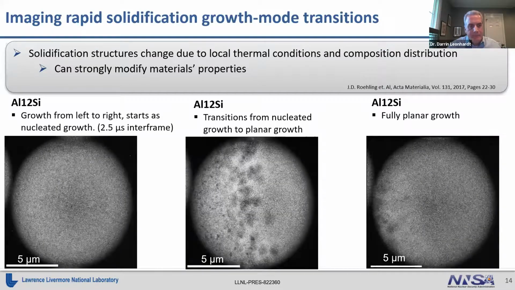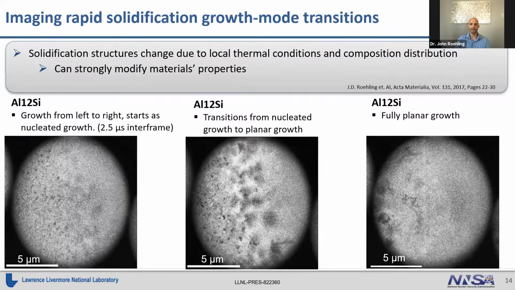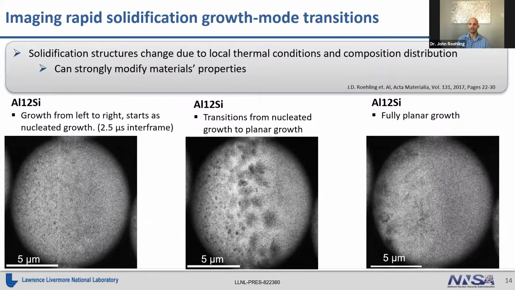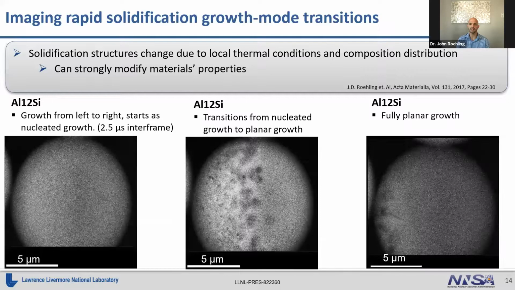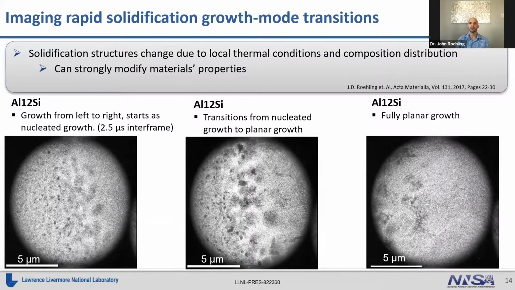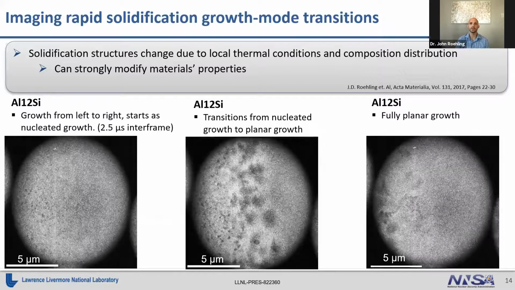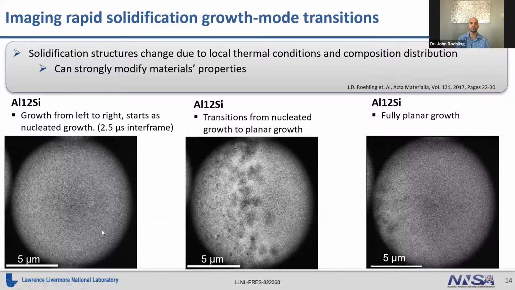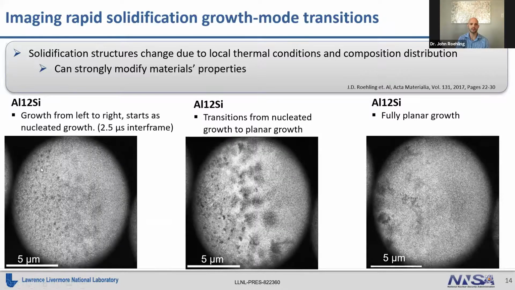Yes, thank you. Okay. So I was saying we've done a lot of rapid solidification in recent years using the DTEM, and this is important because the solidification structure can largely affect material properties. And so here we see the solidification of a thin film of metal, an aluminum silicon alloy.